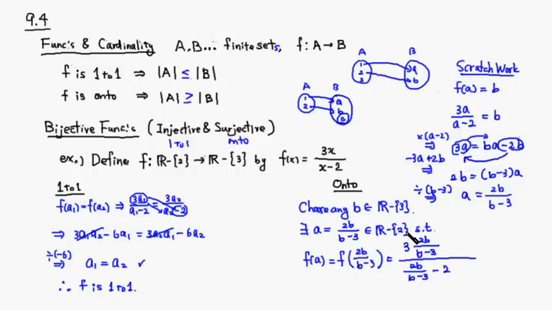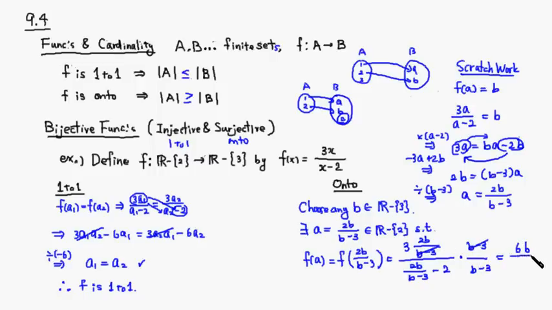To simplify this expression, I'm going to multiply top and bottom by b minus 3. The b minus 3 cancels out, so you're going to get 6b on top.